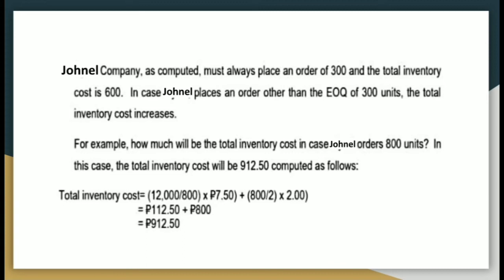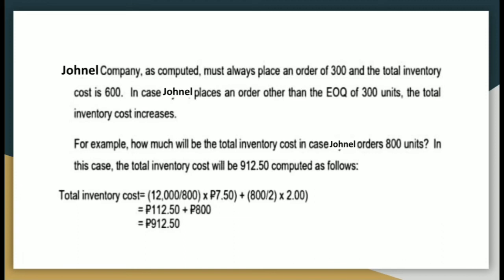Okay, we have our formula here. Total inventory cost equals, this is a merged formula. First, in this formula, the quantity of 12,000 divided by 800 times 7.50.